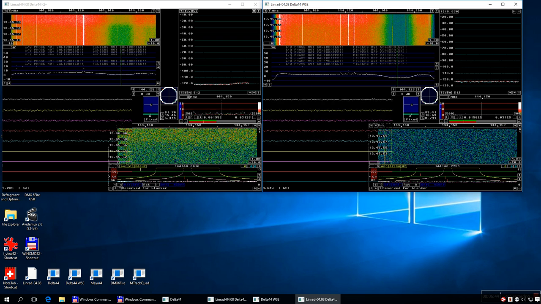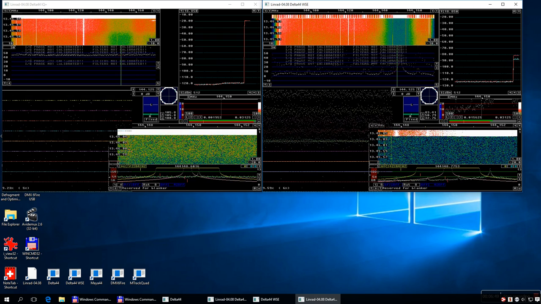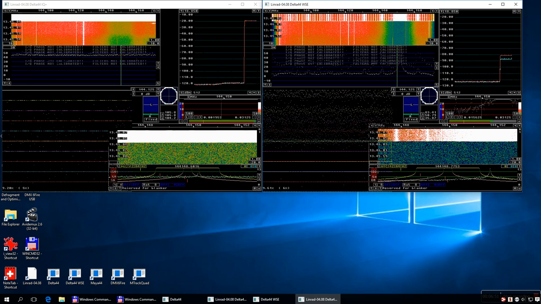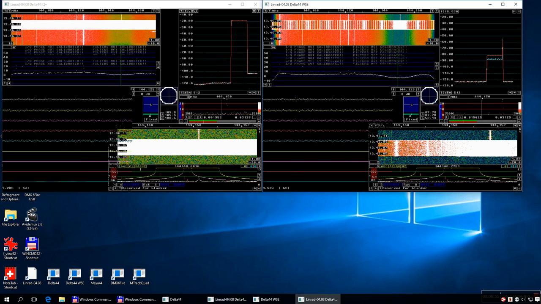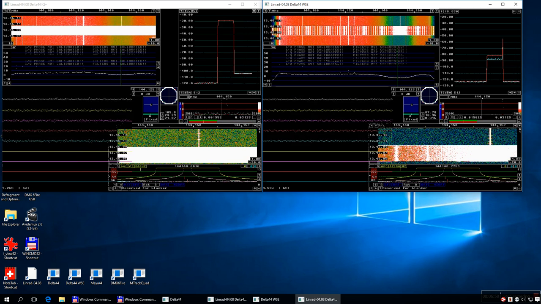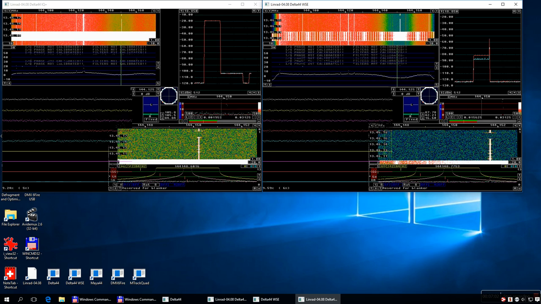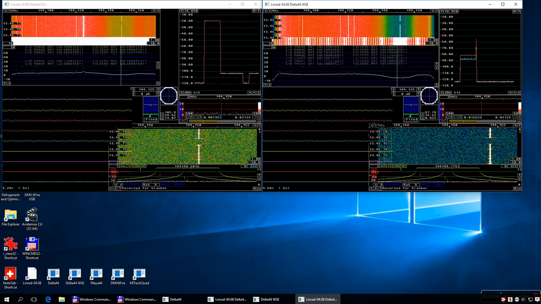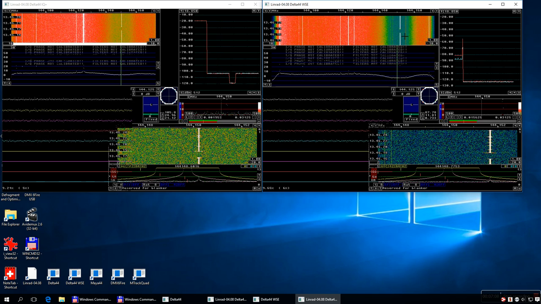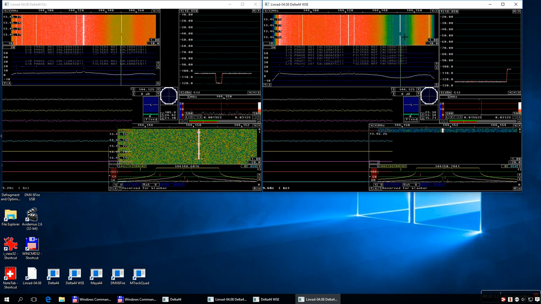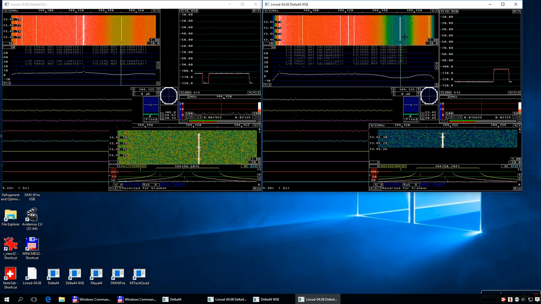I add another signal, like that. And I want to place it in the passband, so you can see on, off.